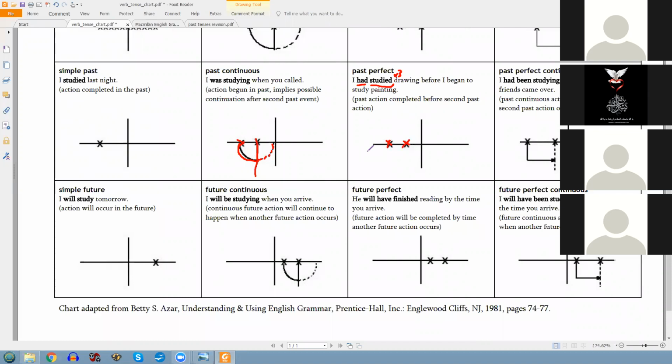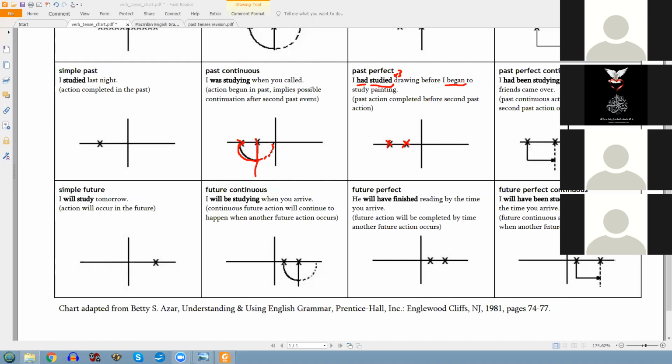So we've got the past: begin, began, begun, simple past, verb 3. I had studied before I began. Anybody want to attempt it? Is this too tricky? Ah, okay, somebody.